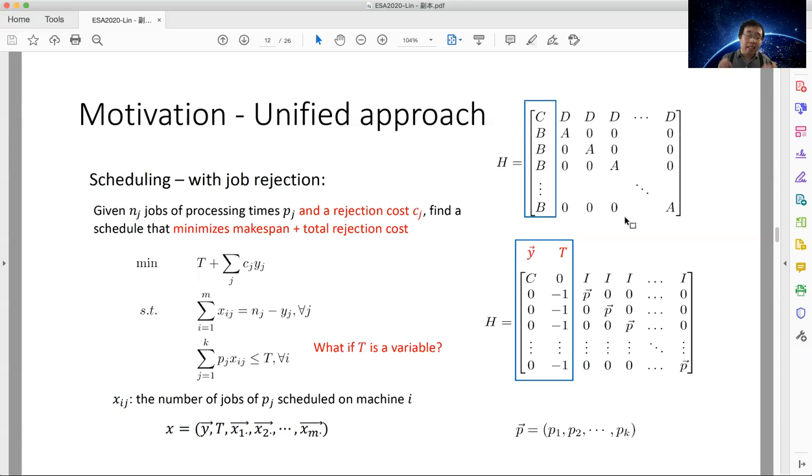Remember that here we can no longer do a binary search on T. There are also pseudo-polynomially many different values for T, so we cannot enumerate them, and we have to let it be a variable. Once T becomes a variable, if you further write down the constraint matrix, you immediately end up with the constraint matrix you can see on the right side.